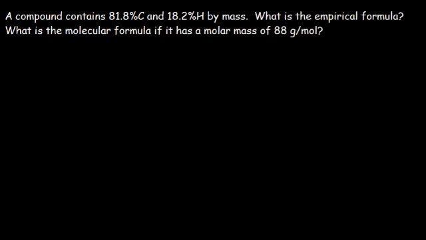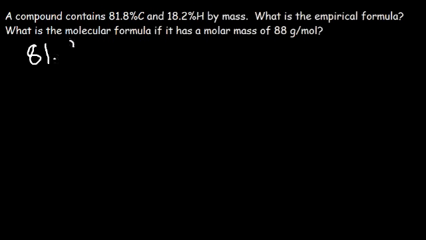If the compound is 81.8% carbon by mass, that means there's 81.8 grams of carbon per 100 grams of compound, because 81.8 divided by 100 is 81.8%. And if it's 18.2% hydrogen by mass, that means there's 18.2 grams of hydrogen per 100 grams of compound.